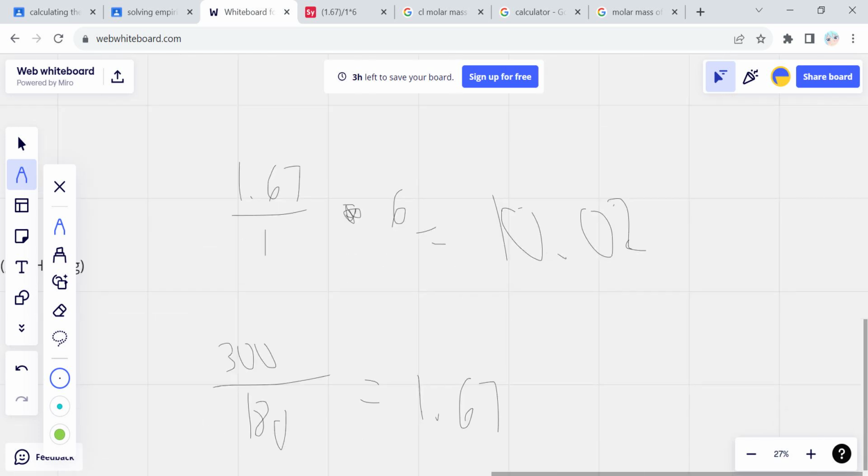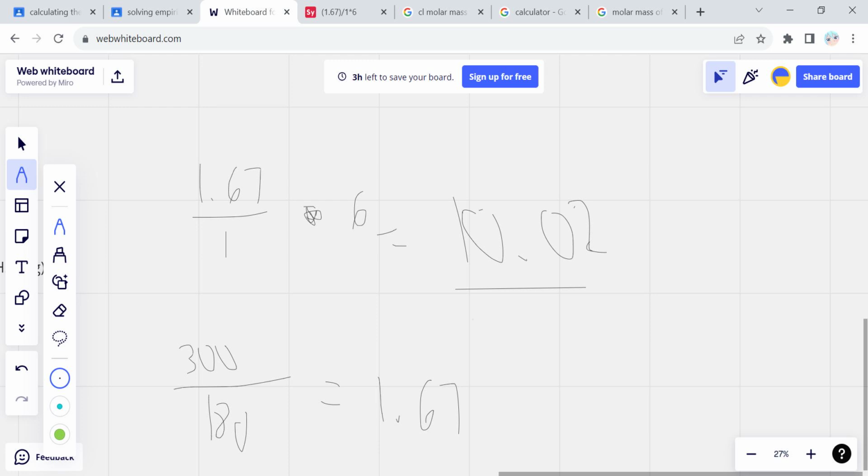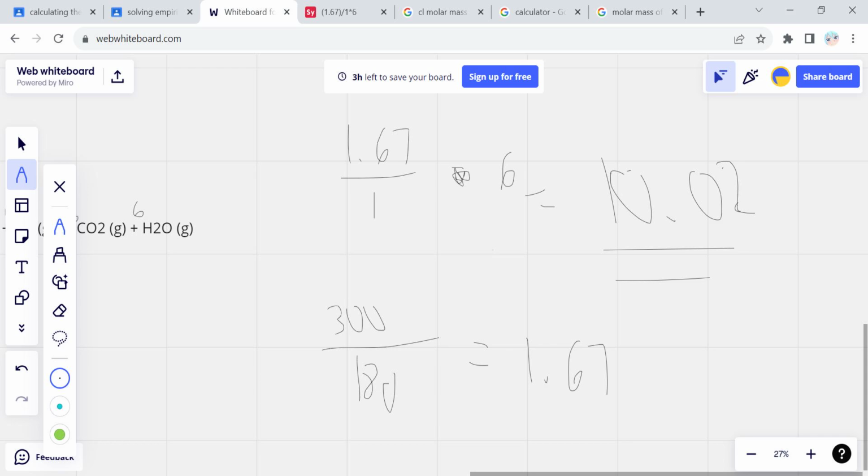Again, the answer can vary. There should be a difference of some decimals depending on whether you round them off or not. But basically that's how you get the answer. And yeah, that's it basically. It's pretty simple. Bye.